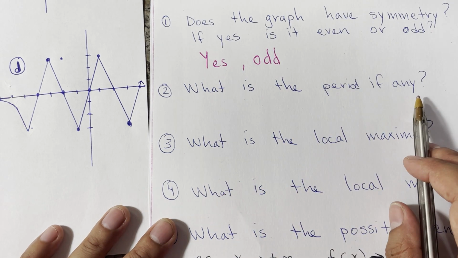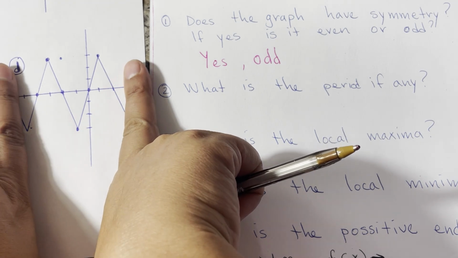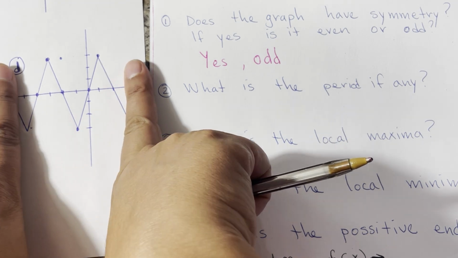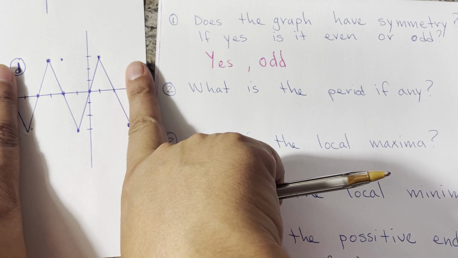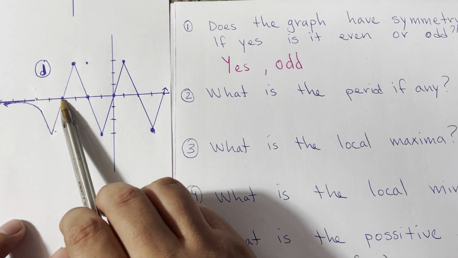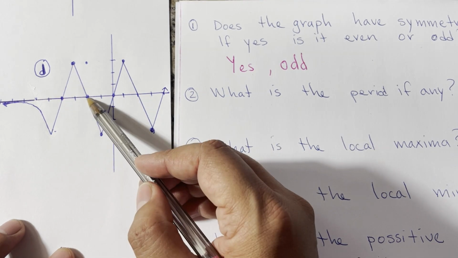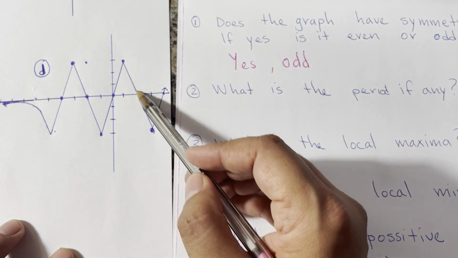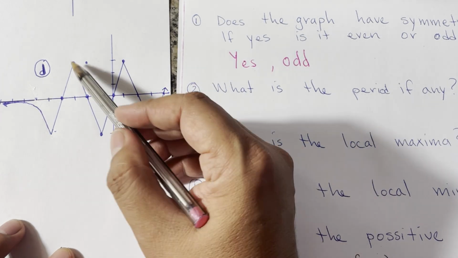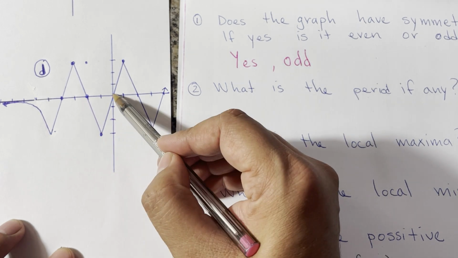What is the period, if any? So again, if we ignore that, we have periodicity because it's a repetition, right? You can see that it's repeating. How often? Careful, because we don't want to come from here to here and then from here to here, because it's not repeating like that. It's not going up, down, up, down, up, down. It's going up, down, even more down, up.